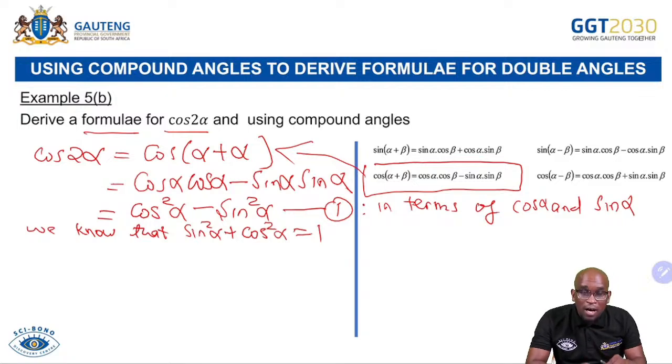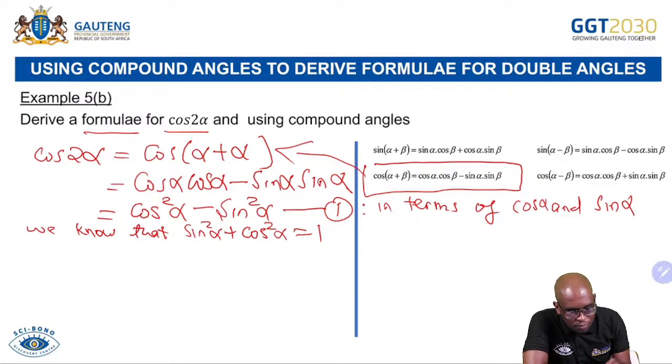So what are we going to do here now? We are going to write this in terms of sine only, so we can have that cosine squared alpha is 1 minus sine squared alpha.